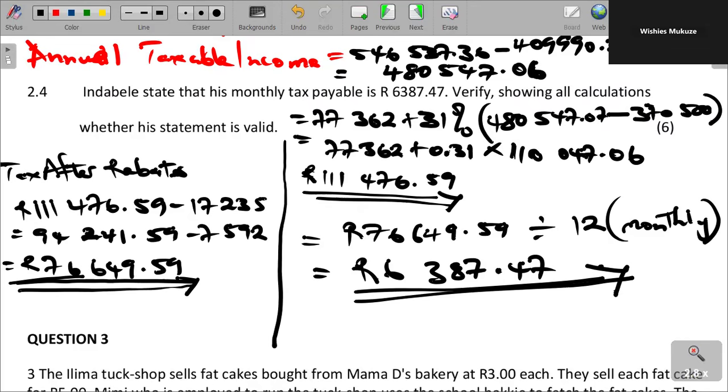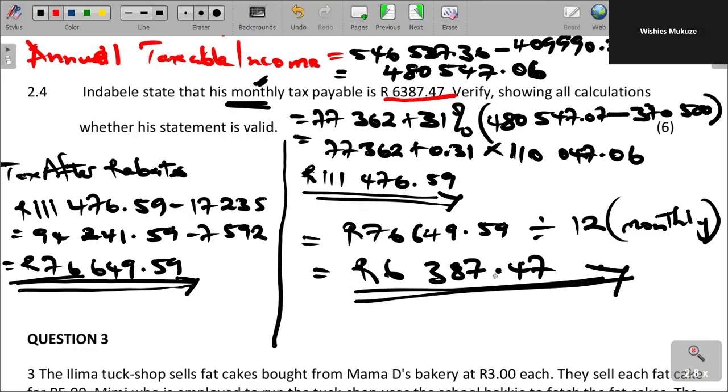The question wants to work on the monthly tax payable, which is stated as 6,387.47. So we must be able to get it after we work out these values.